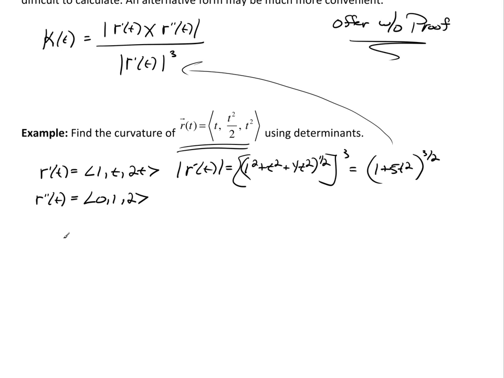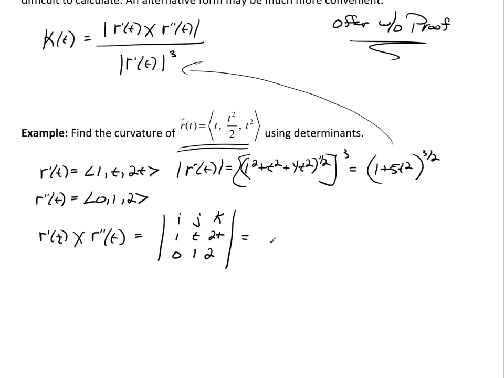So let's just go ahead and find this cross product now. R prime of t cross r double prime of t, I'm not going to worry about the magnitude, I'll do that later, is going to be equal to, I'm going to use a determinant for this, i, j, and k. R prime is 1, t, 2t, and then 0, 1, 2.